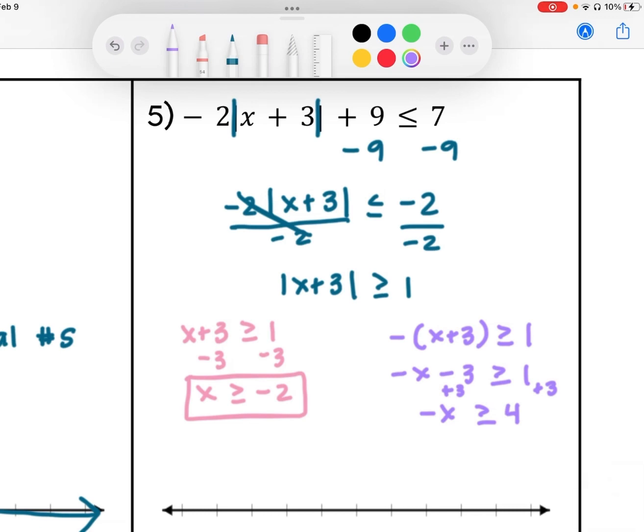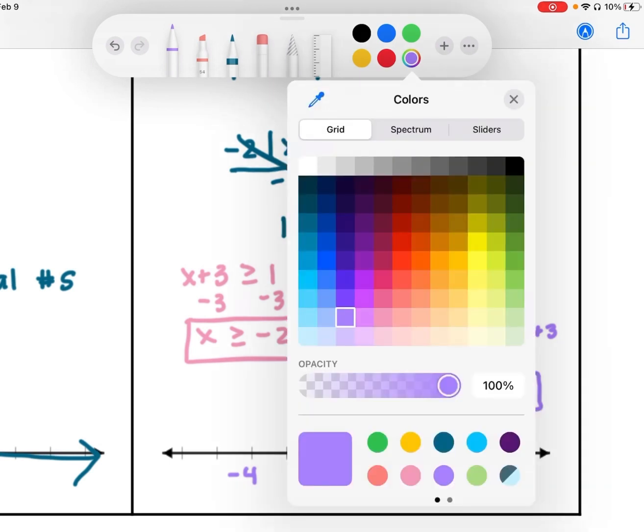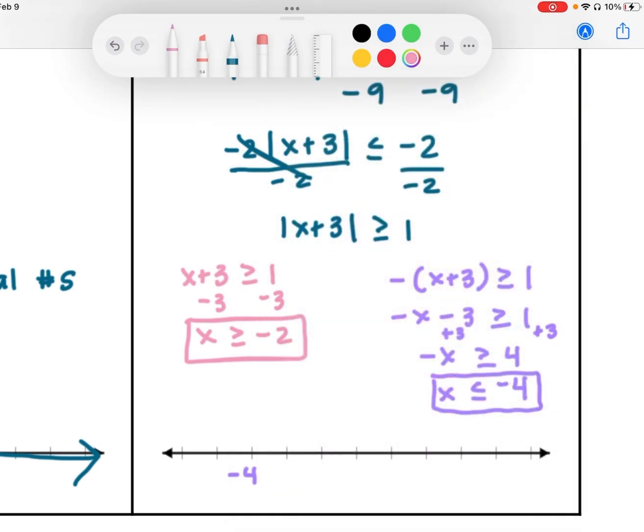And then we have to flip the sign because we're going to divide by that negative: x is less than or equal to -4. All right, so if I put this on my number line, I'll put -4 here. And then we'll put -2 here just to keep it spaced out.